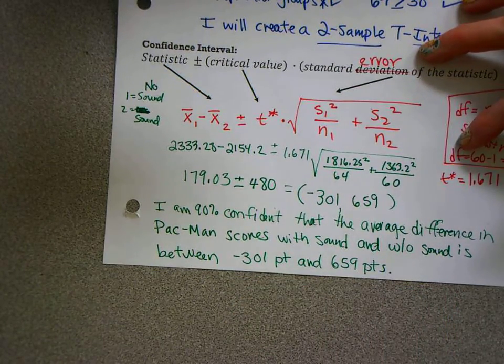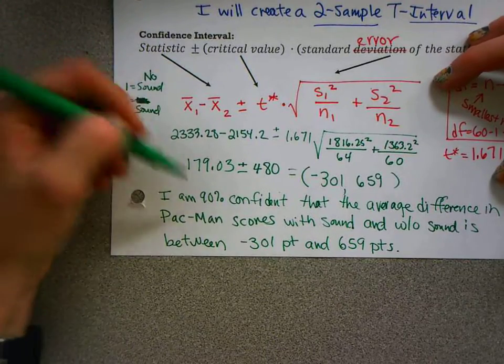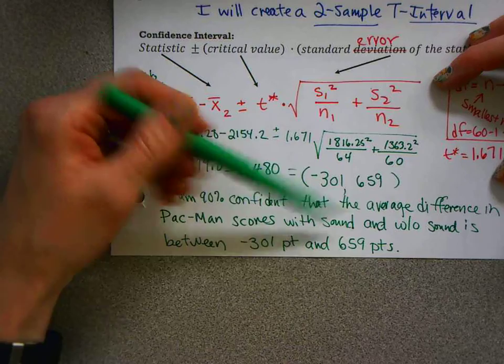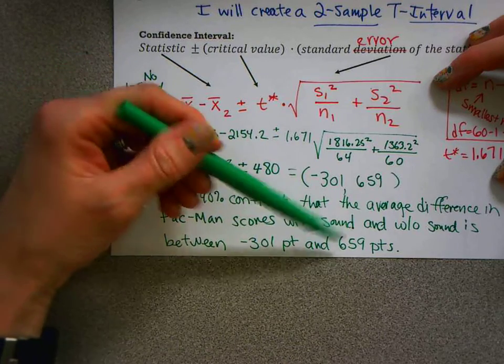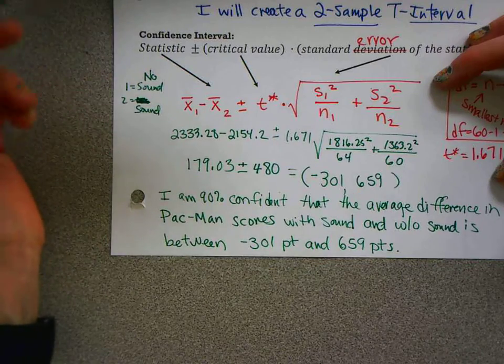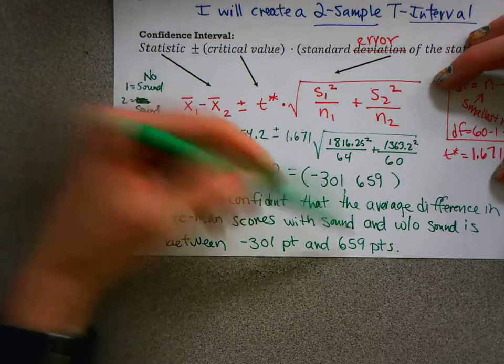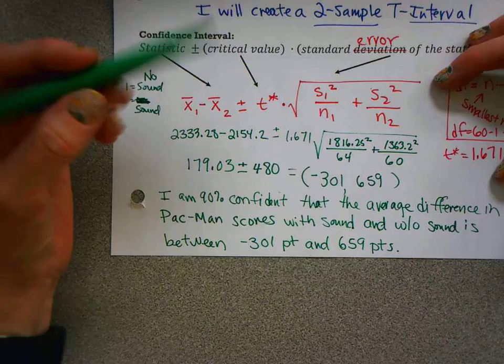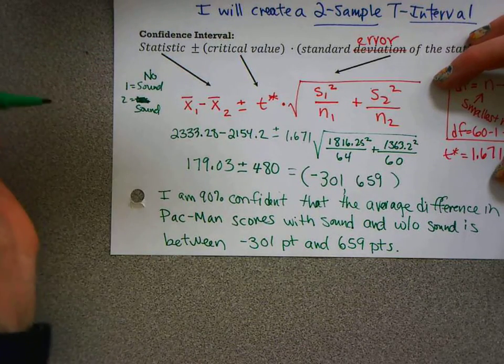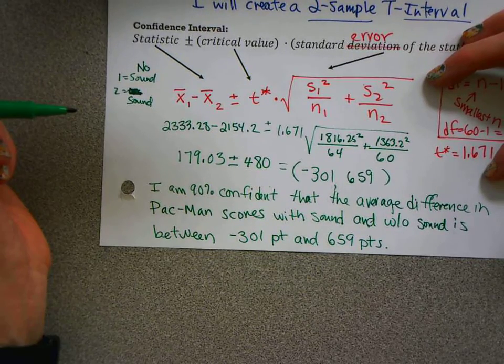You could have also said I'm 90% confident that the average Pac-Man score with sound is between negative 301 and positive 659 points more than the average score without sound. But I find that awkward when it's a negative positive because you're saying negative and more, so that gets a little confusing. So this is kind of a generic sentence about trying to figure out the true average difference.